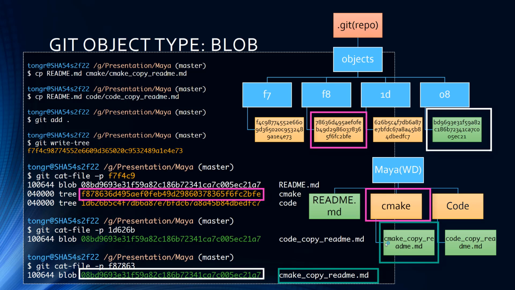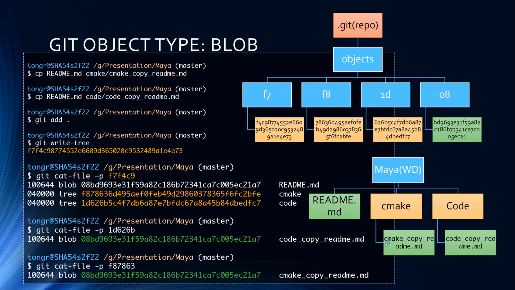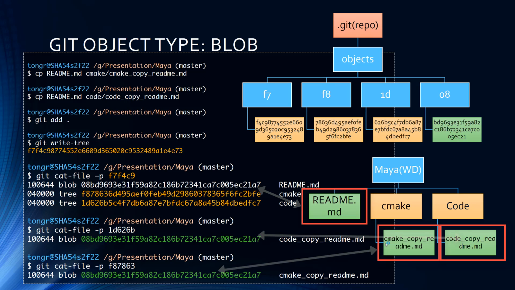Remember we mentioned that we don't have duplicate files in the repository? Although the three files under the working directory have different file names, as the content are the same, they refer to the same blob 08bd96 under the Git repository, and their different file names are described by the tree object.